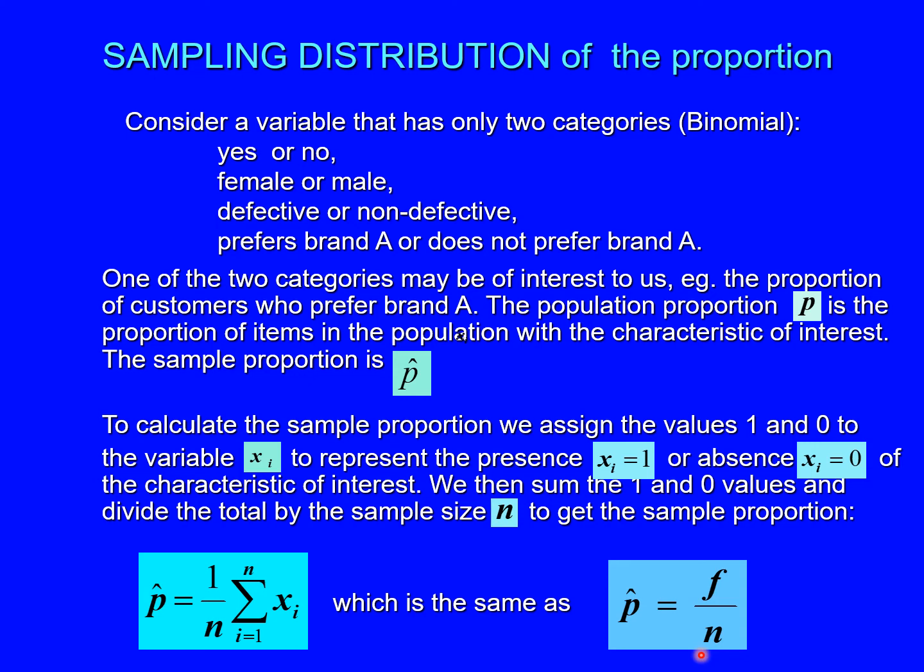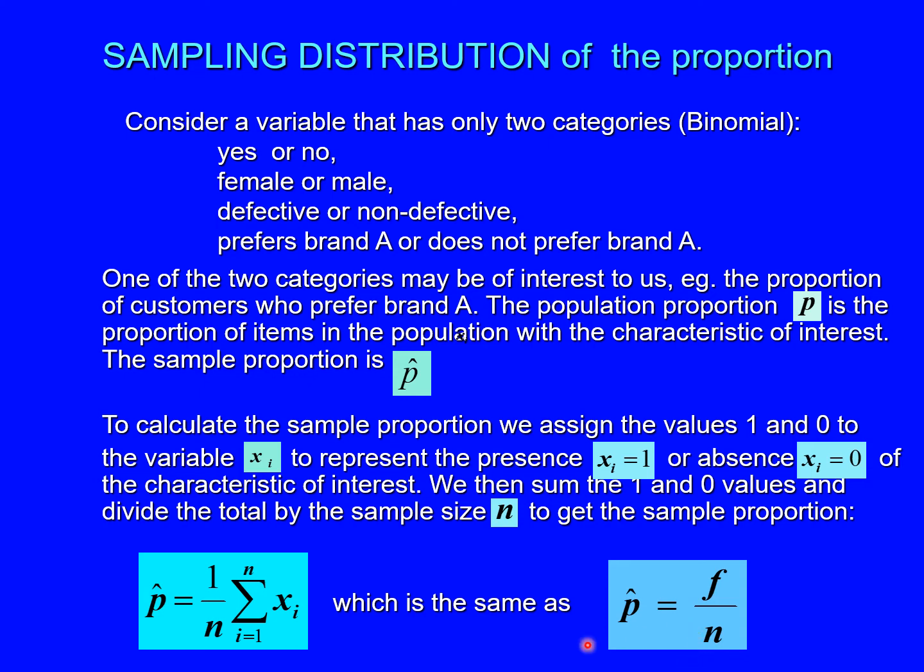Like if we have a sample of 10 students and 8 of them passed the exam and 2 failed, then the proportion of people who pass the exam will be 8 over 10, because the sample size is 10 and the number of people who pass the exam is 8.